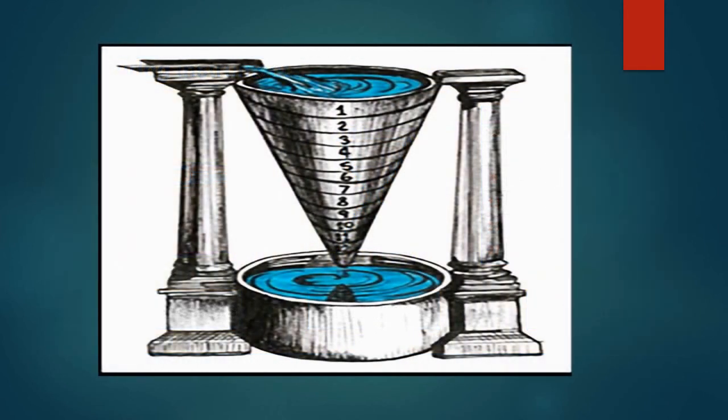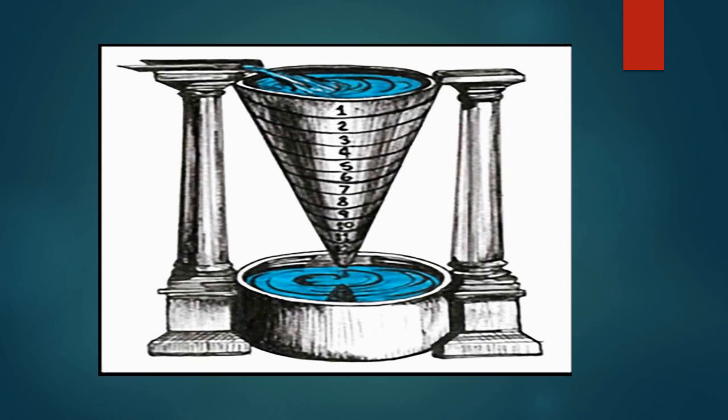Let me brief you about the water clocks. Water clocks are one of the oldest time measuring instruments. Now I will tell you how a water clock works. A water clock uses the flow of water to measure time.